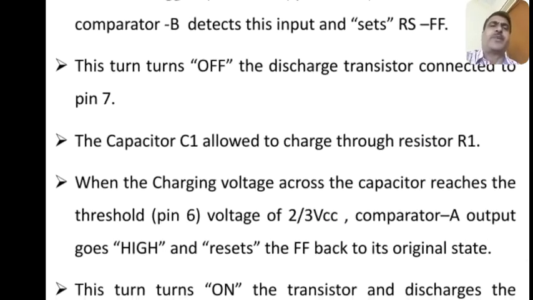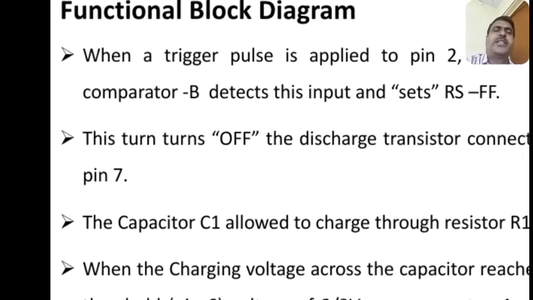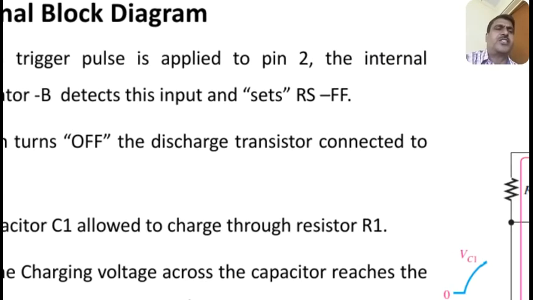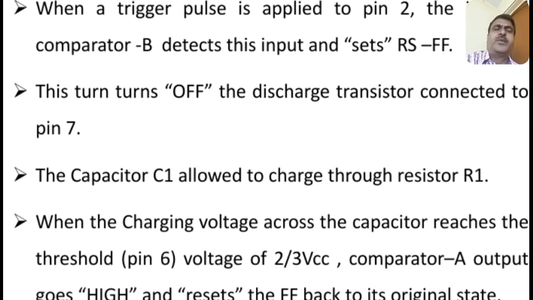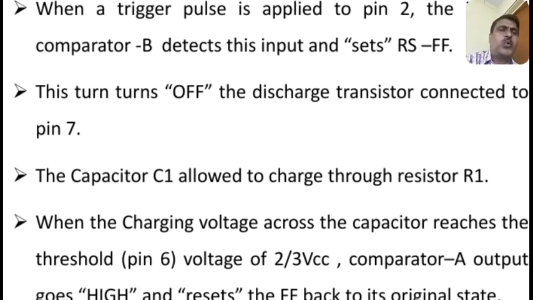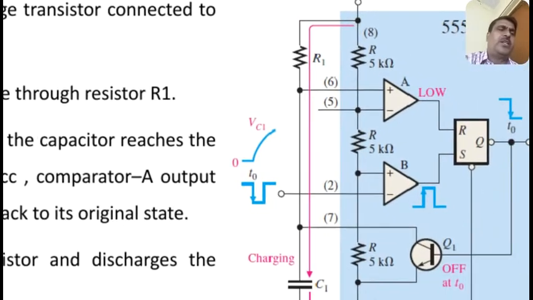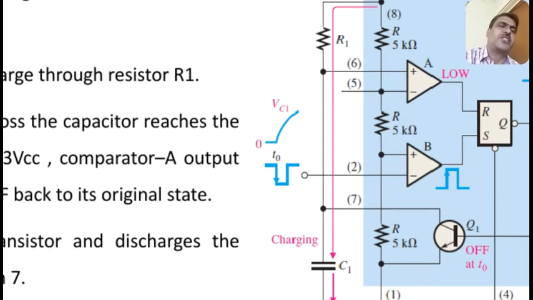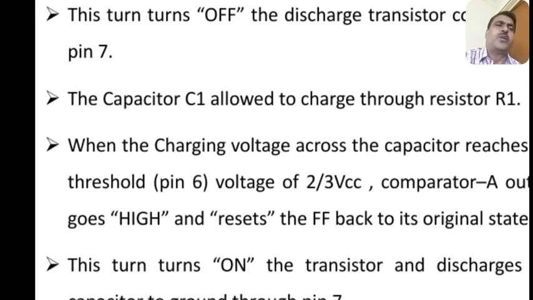So we'll see the second point now. Here the second point is, this turns off the discharge transistor connected to pin number 7. Okay, that's what I said. The capacitor C1 is allowed to charge through R1. So when the internal transistor Q1 becomes off, the capacitor starts charging through R1.